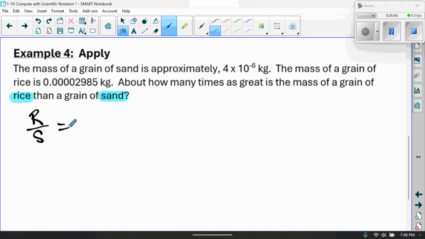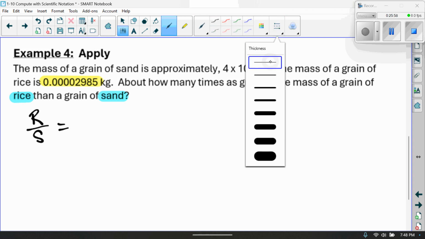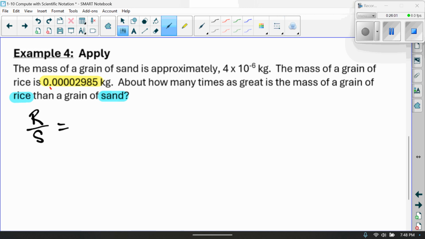So the rice is this one. We want to write that in scientific notation. So the decimal needs to go 1, 2, 3, 4, 5 units to the right. So this is going to be 2.985 times 10 to, and this is a very small number, so this is going to be a negative exponent, right?